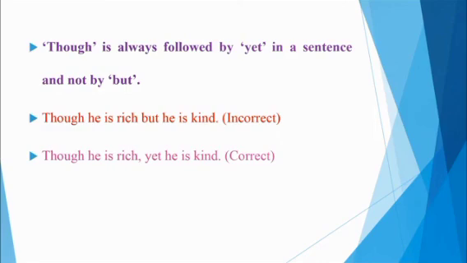Is that a correct sentence? No. The correct sentence is though he is rich, yet he is kind. Why? Because here though is used in this sentence, so though is always followed by yet in a sentence and not by but.